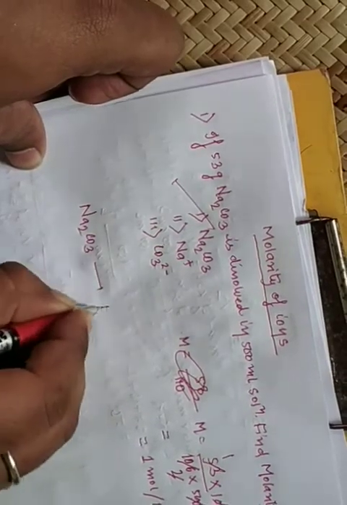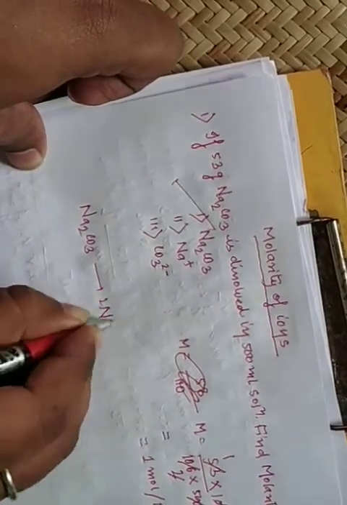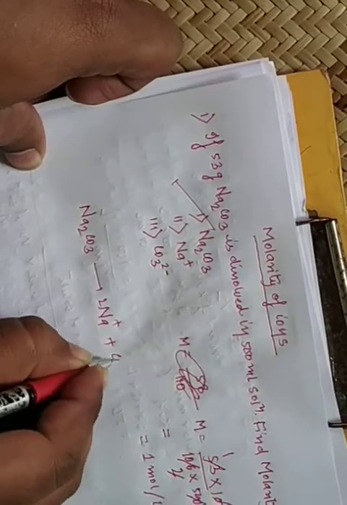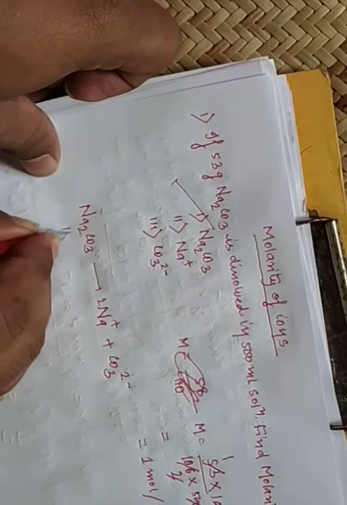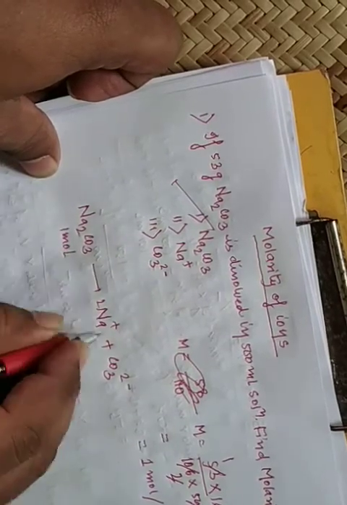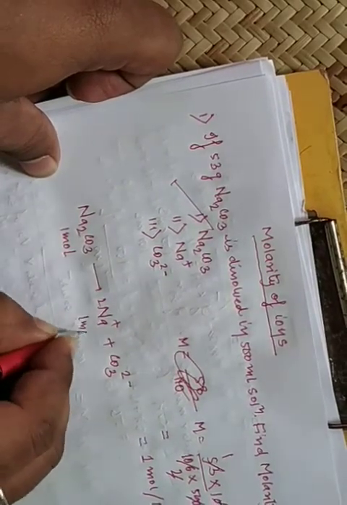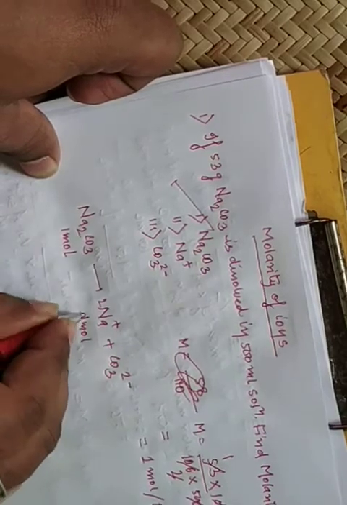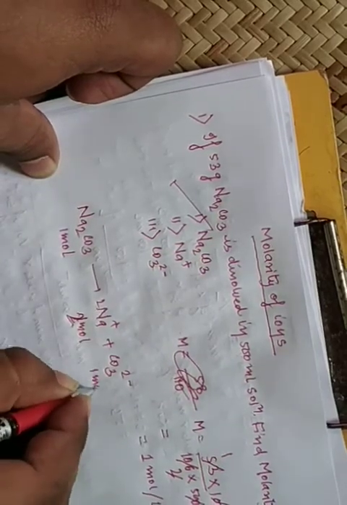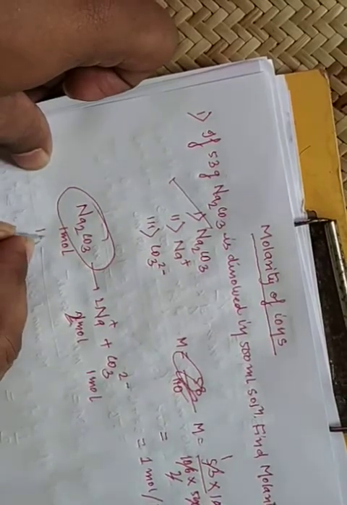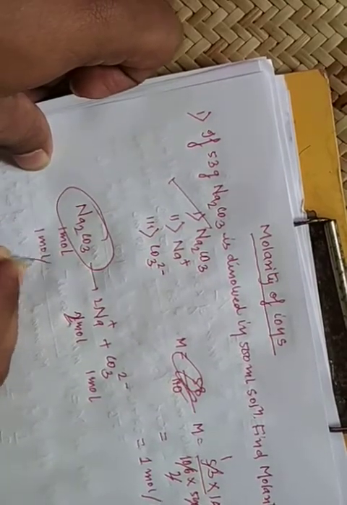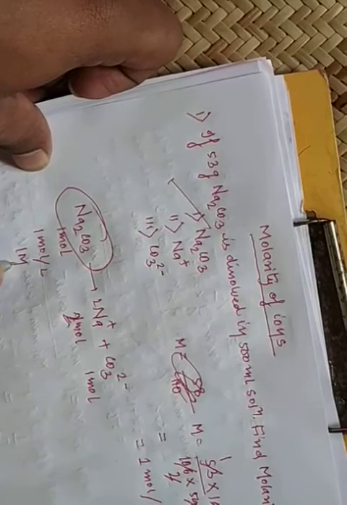So here you convert Na2CO3. Na2CO3 is converted into 2 Na+ and CO3 2-. This is the stoichiometric coefficient method. There is 1 mole, there are 2 moles and there is 1 mole. Now you find the molarity of this. This is 1 mole per liter, which means 1 molarity.